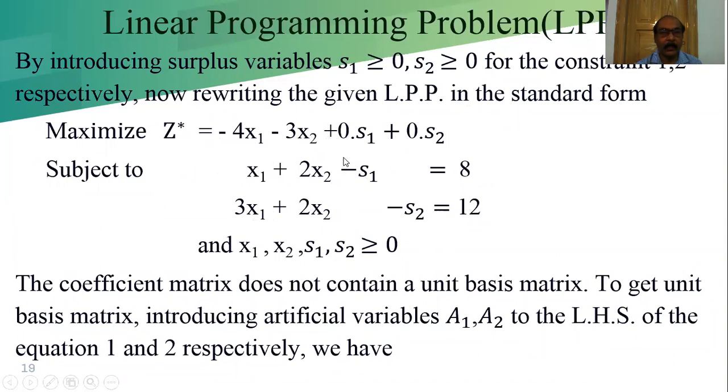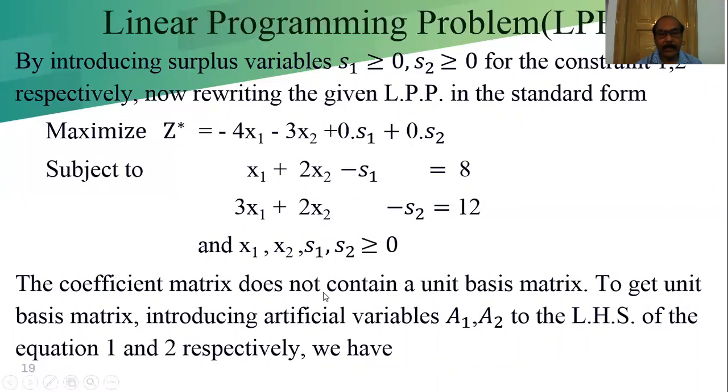Now look at the coefficients of s1 and s2: s1 and s2 are not forming the basis, and x1, x2 also are not forming the basis. That's why we need two more variables, the artificial variables, to form the basis, that is, to form the unit matrix.